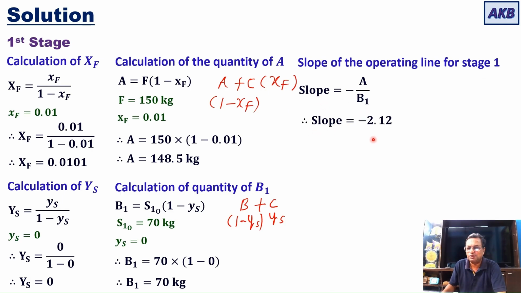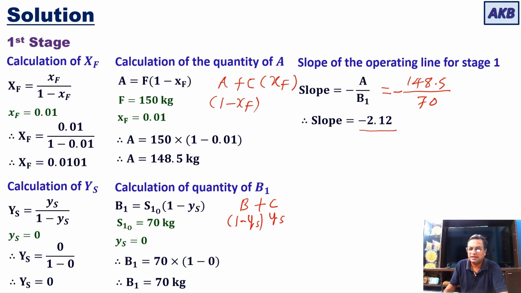If you put the values, A is 148.5, divided by 70. So the slope is minus 148.5 divided by 70, and this is minus 2.12. The slope of the operating line for the first stage is therefore minus 2.12.